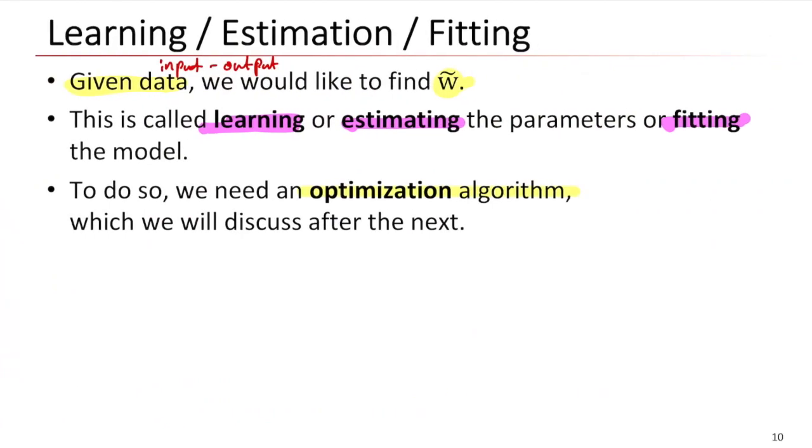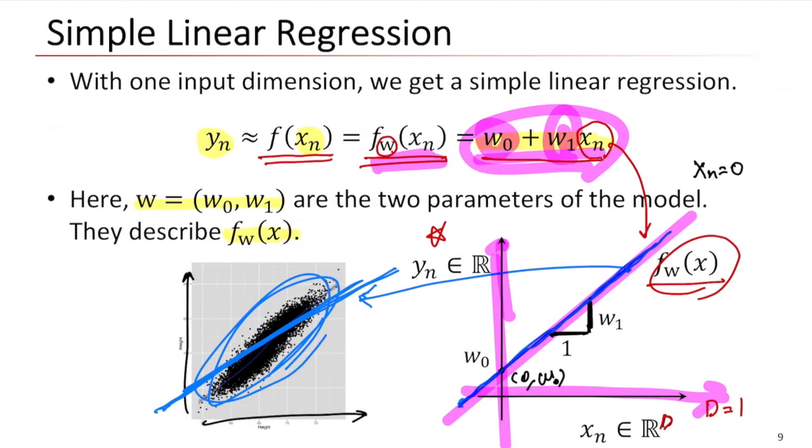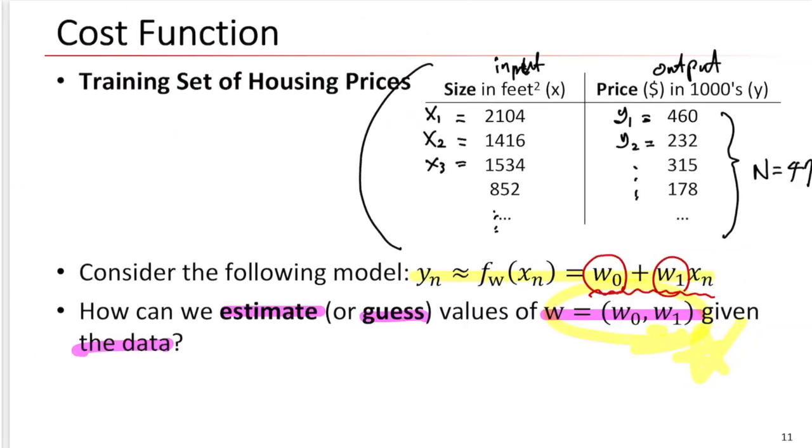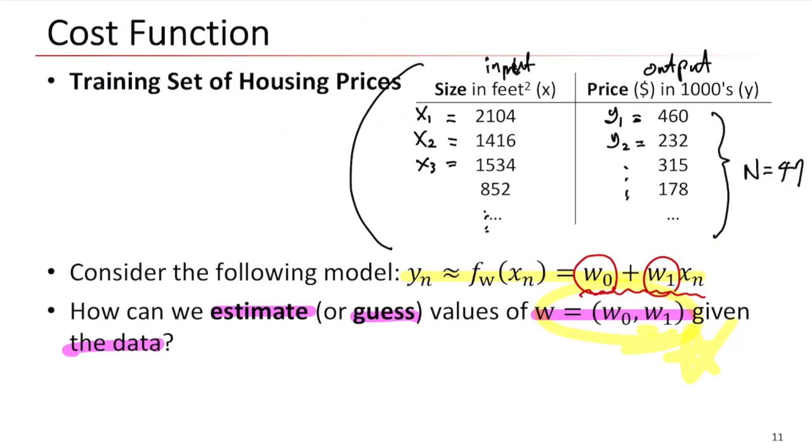Why do we use the linear regression setting? Because linear regression is easy to implement and easy to solve. So many machine learning methods are based on the linear regression problem. Okay, and then what is the cost function?